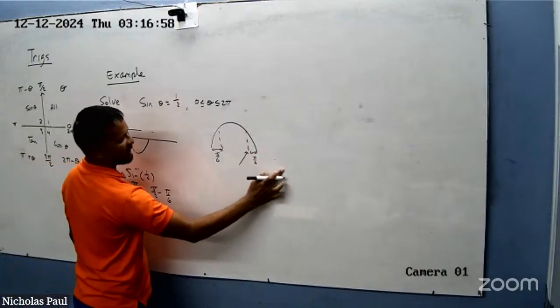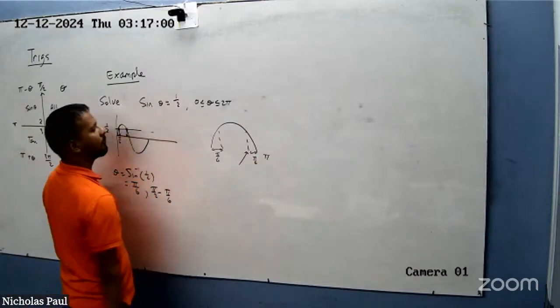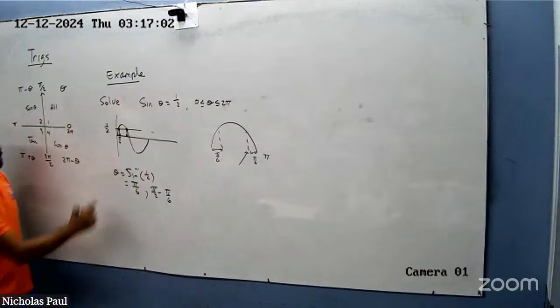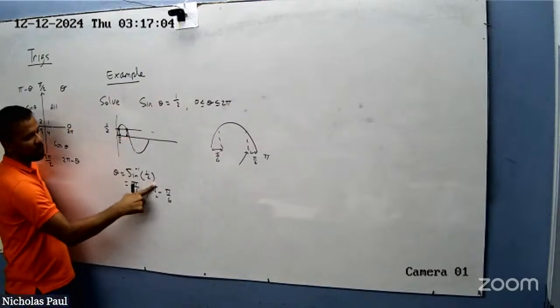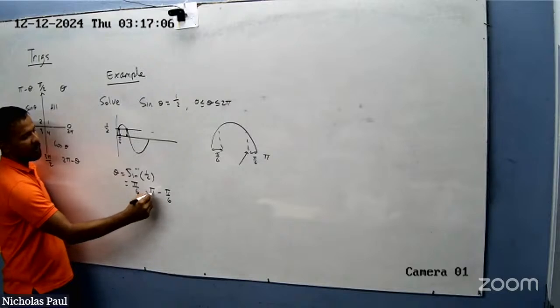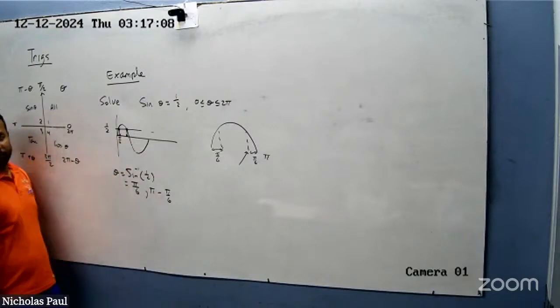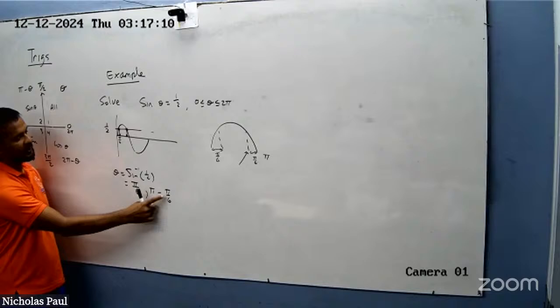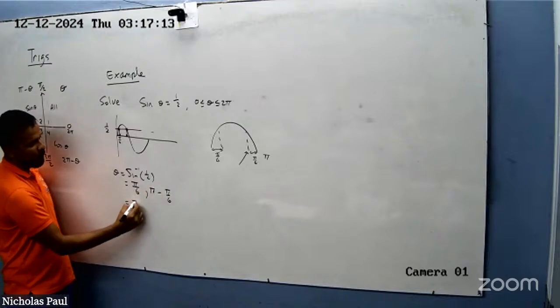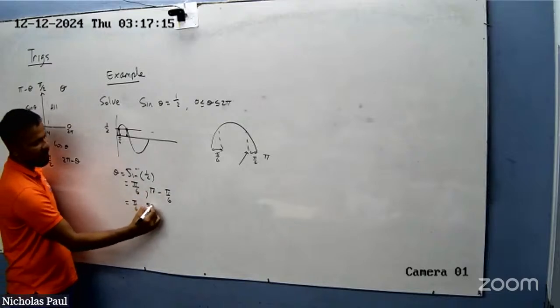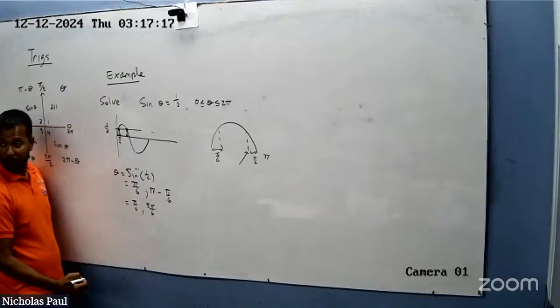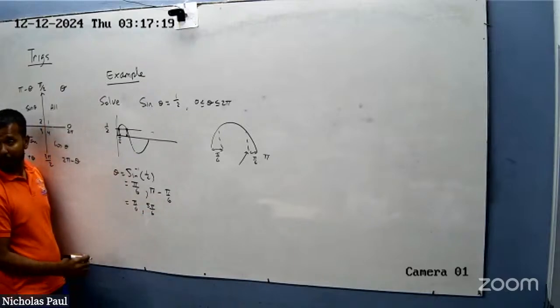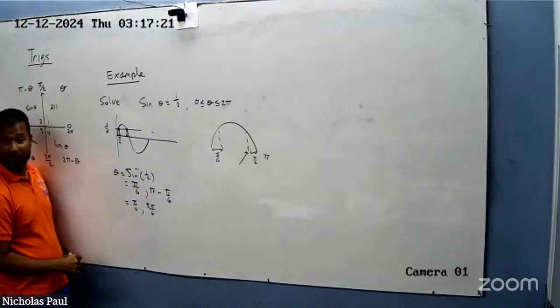So to get this second value, it is pi minus pi on 6. That's okay? Remember that?